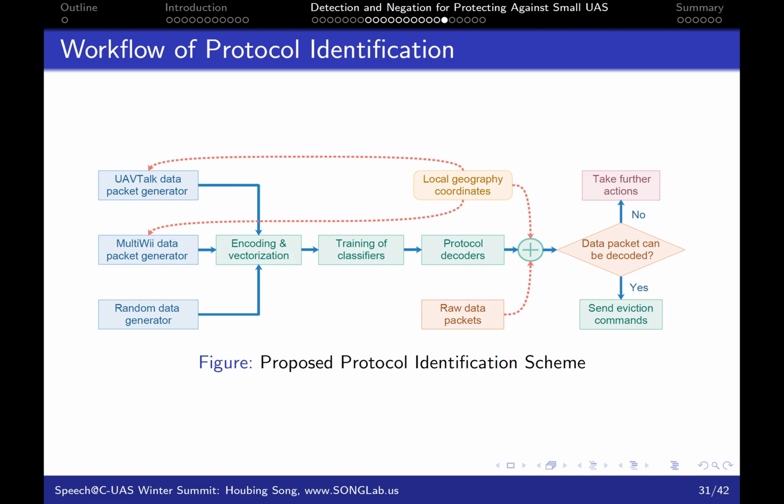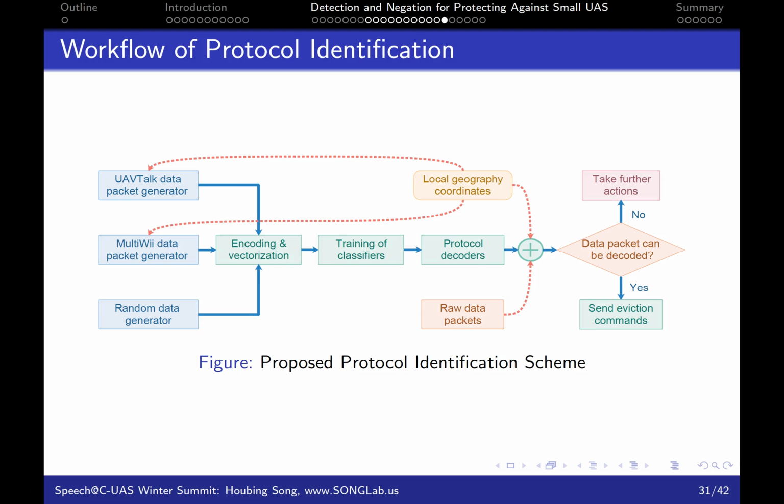Workflow for the protocol identification. So the workflow is like this. We will use the UAV Talk data packet generator and the MultiWii data packet generator. UAV Talk and MultiWii are two popular protocols for UAVs. Also, the random data generator.